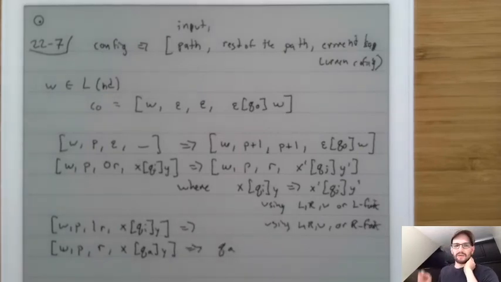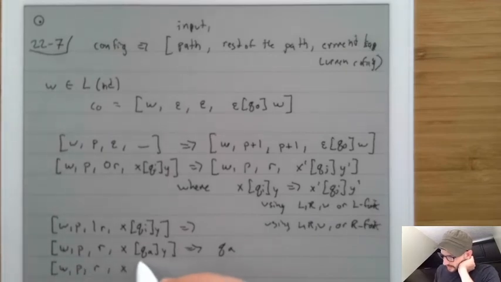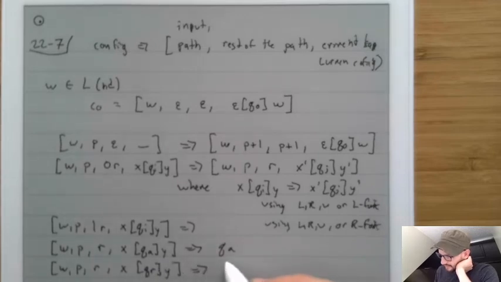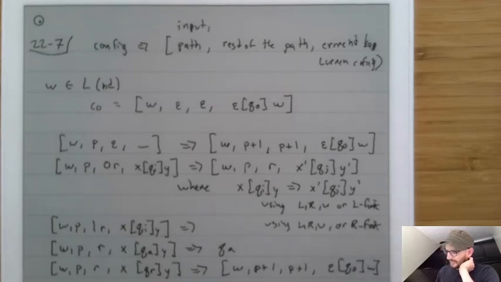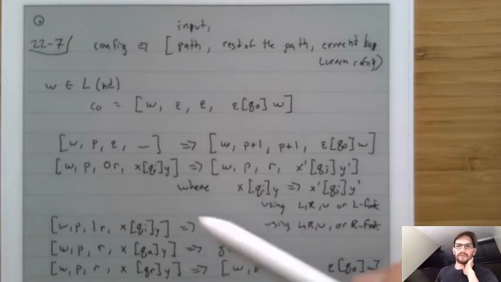So we accept if any one of them accepts. And also, if we get to reject, then we just skip right to the next one. We go W, P plus 1, P plus 1, and then epsilon Q0 W. And these 2 rules take precedence over those ones.